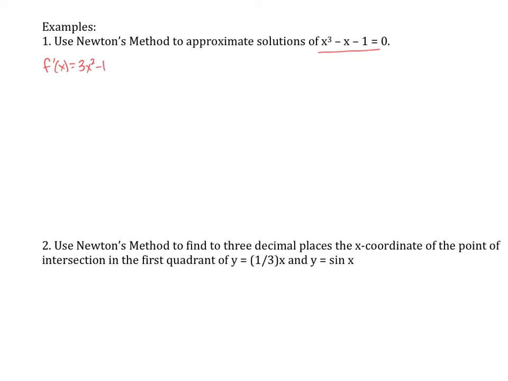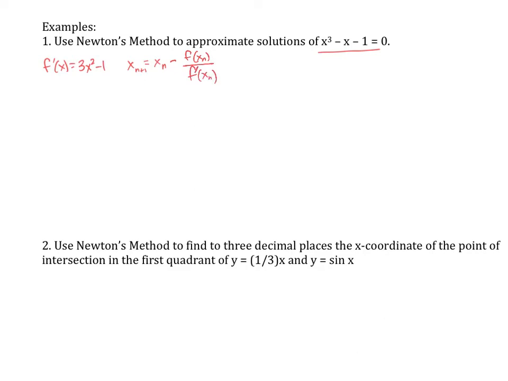Why am I taking the derivative? Because I need to find slopes, right? And we know that from our formula, x sub n plus 1 from the previous page equals x sub n minus f of x sub n over f prime of x sub n, okay?